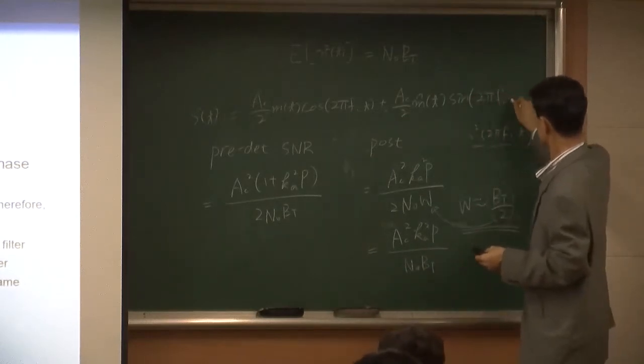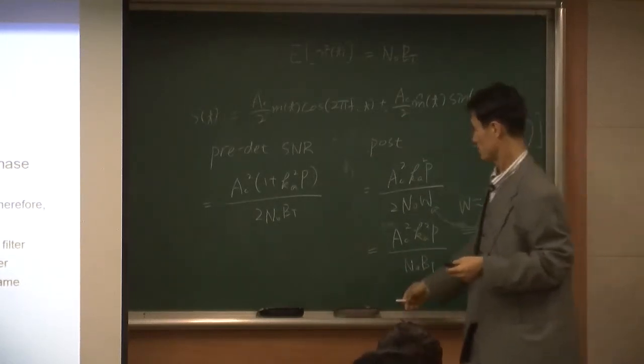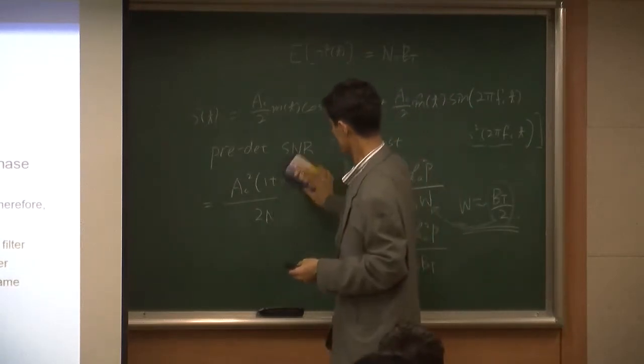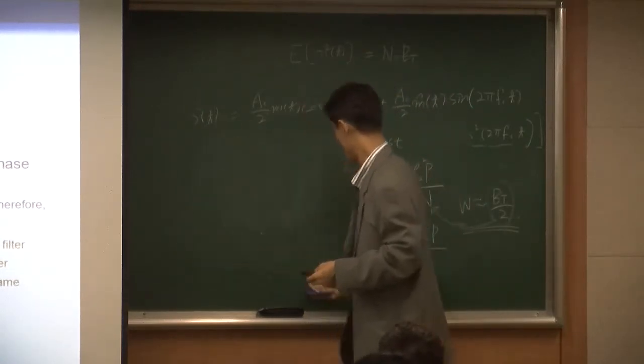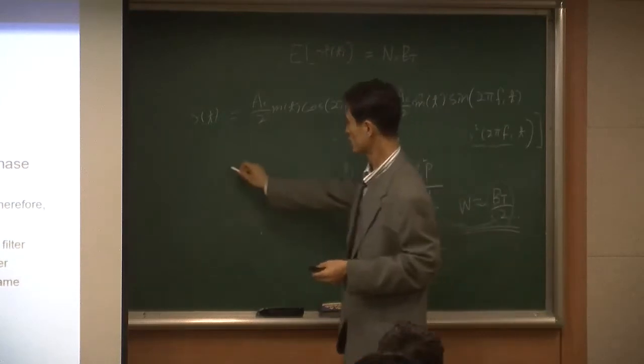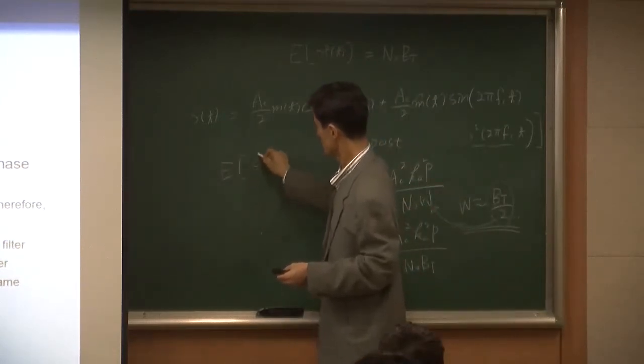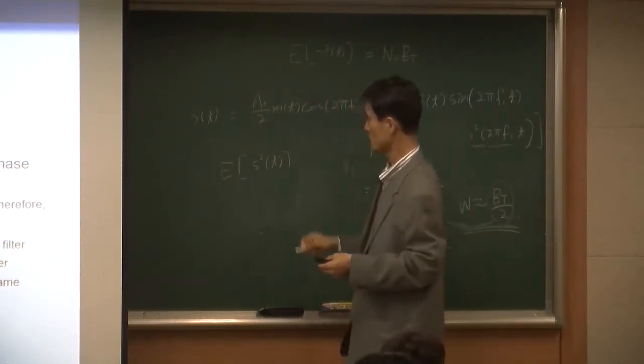So that is our lower single sideband modulated signal. In order to calculate the pre-detection SNR, the first thing to do is we need to take the signal power. That's the first thing to do.